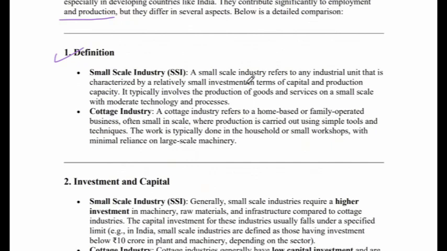SSI, a small scale industry refers to any industrial unit that is characterized by a relatively small investment in terms of capital and production capacity.